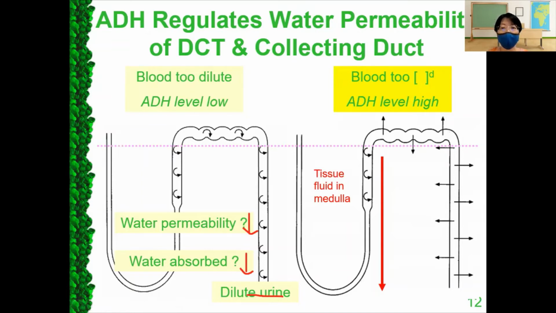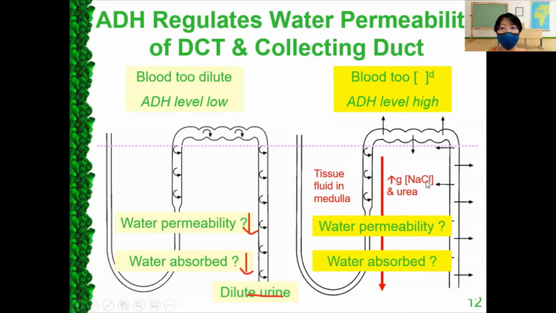Okay, and then the tissue fluid in the medulla, right? You have increasing sodium chloride concentration and urea concentration as you go deeper and deeper into the medulla. The concentration becomes higher and higher. So that helps to drive the water to be reabsorbed back into our body, because solute will reduce the water potential, creating a water potential gradient.